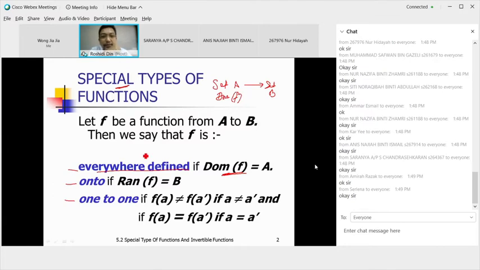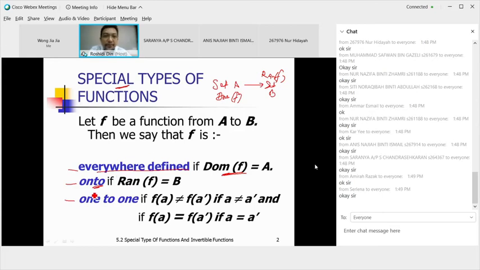The second we call onto. Onto is the opposite of everywhere defined: we focus on set B, on the range of A.